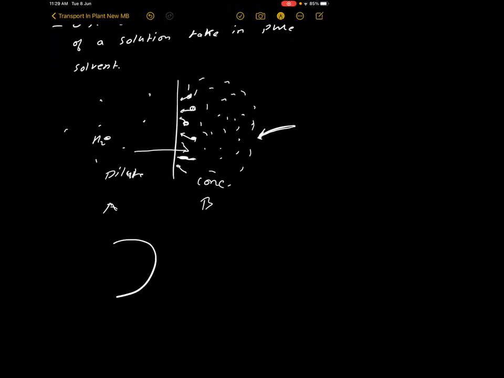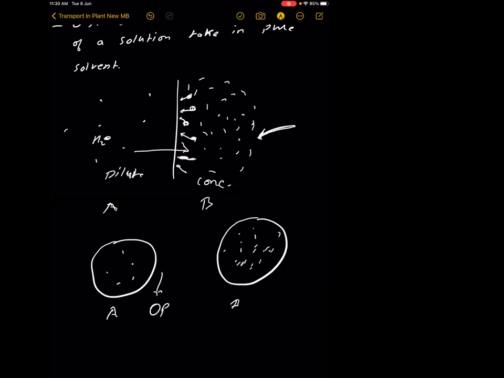Suppose these are two cells, for example. These are two different cells placed in one system, one medium. This is A, this is B, and A has less OP.